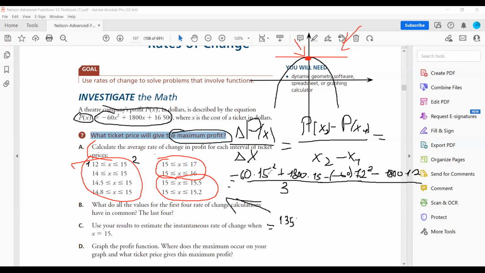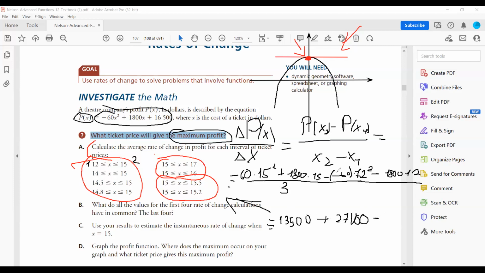So minus 60 times 15 squared would be negative 13,500 plus 1,800 times 15, it would be 27,000. Subtract.